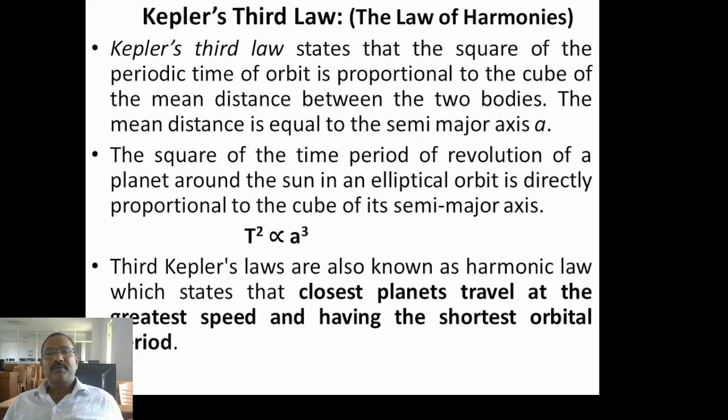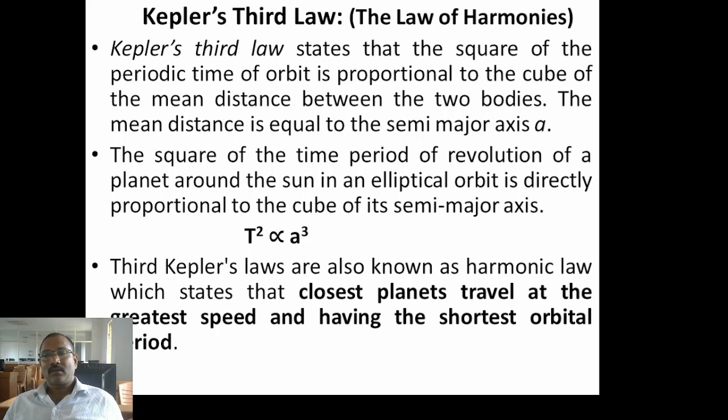Or the square of the time period of revolution of the planet around the sun in an elliptical orbit is directly proportional to the cube of its semi-major axis, that is T squared proportional to a cubed. That is Kepler's third law.